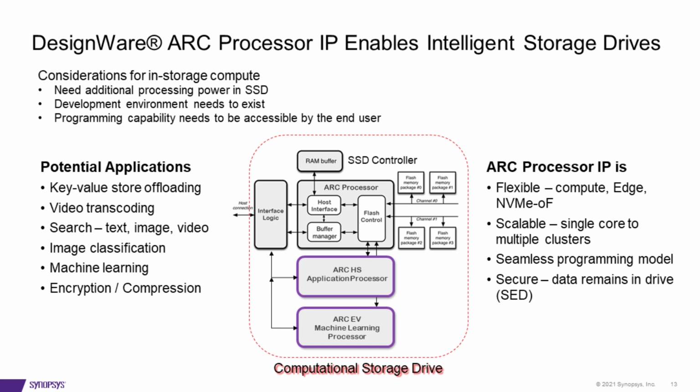Image classification is certainly important in automotive applications like ADAS, where object detection and classification is required to process data on the road. Machine learning is an upcoming aspect of computational storage drives that we'll talk about in more detail. And then encryption and compression.